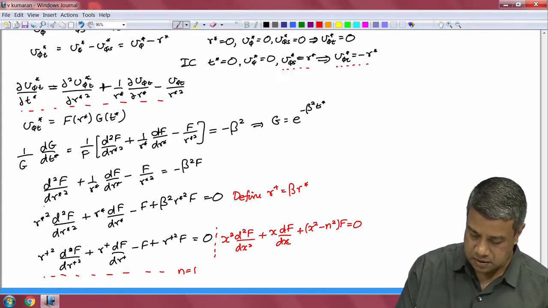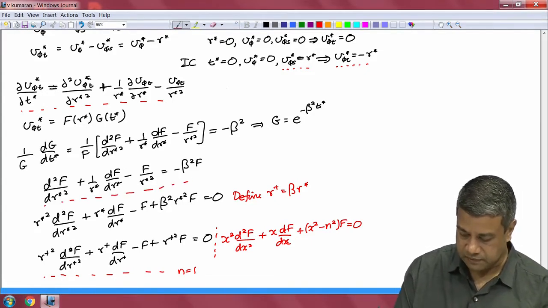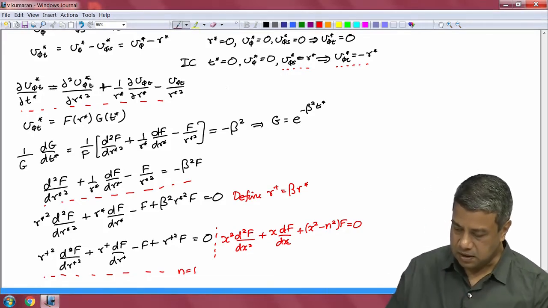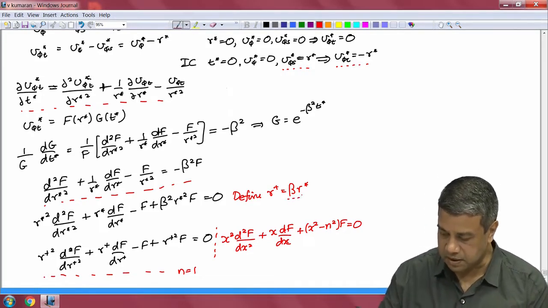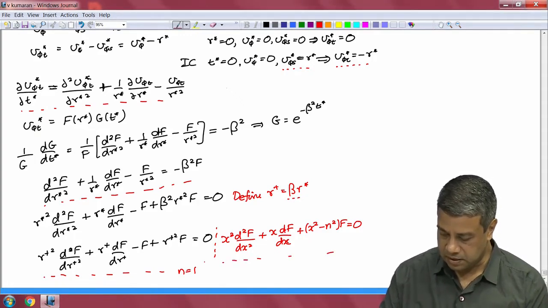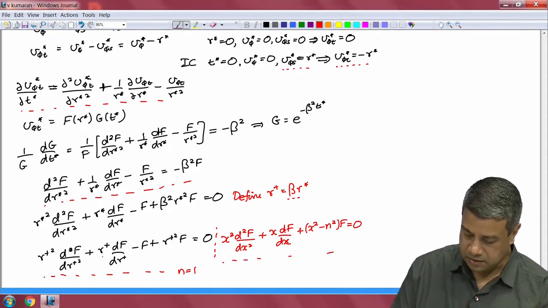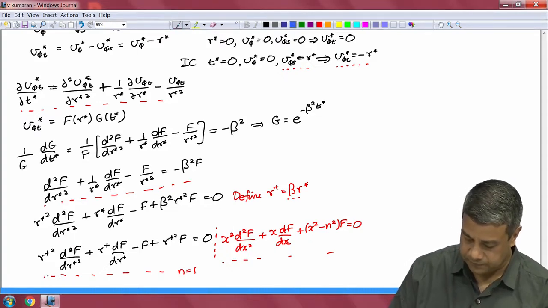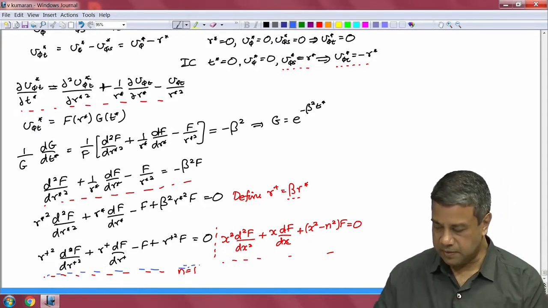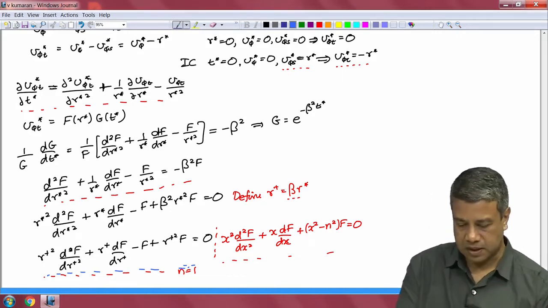This was the equation that we got for f, and I rewrote it slightly. I substituted r plus equal to beta times r, and then I get an equation of this form, which is the same as the Bessel equation for n equal to 1.